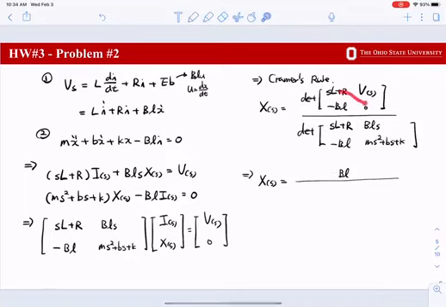Because this Vs times the minus BL should be plus BL Vs. And the determinant is (sL plus R) times (ms squared plus bs plus k) plus BL squared s, and Vs.